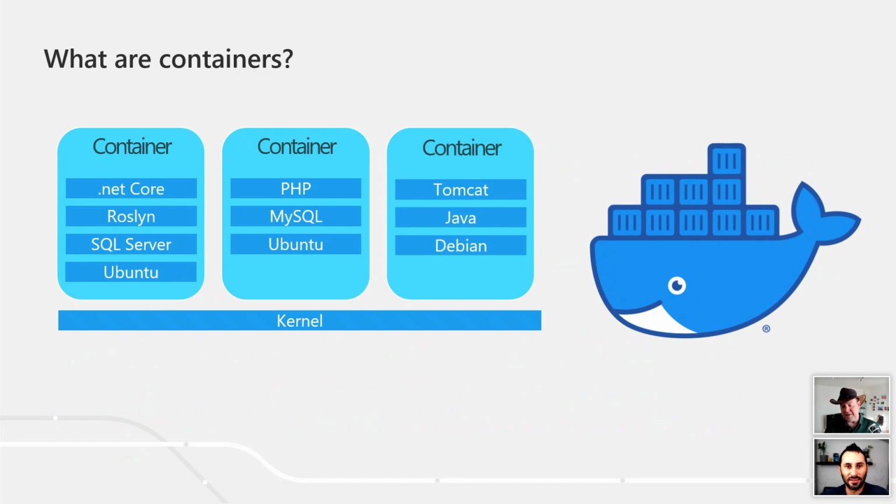So maybe we can talk a little bit more. This word kernel and all that, for me as a newbie to containers, is almost a little bit scary, because it means going pretty deep into the machine, right? But the cool thing with Docker is that I don't really have to worry too much about that, because Docker is going to take care of a lot, right? Yeah, that's exactly it.